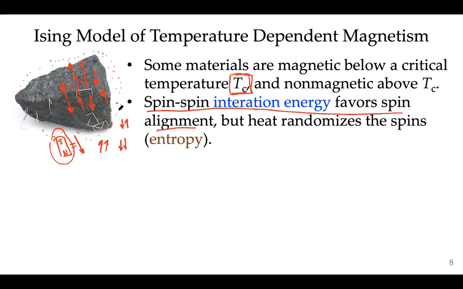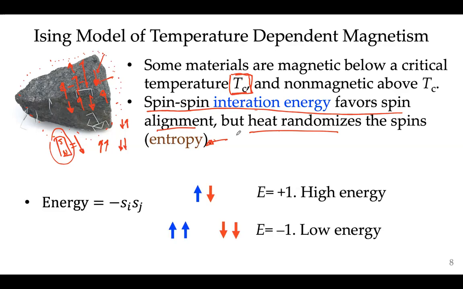So there's always some particles hitting these spins and trying to randomize them. The heat randomizes the spin directions, and that's what we call entropy in physics. We're going to tie this entropy to the loss functions used in machine learning and also to information entropy.